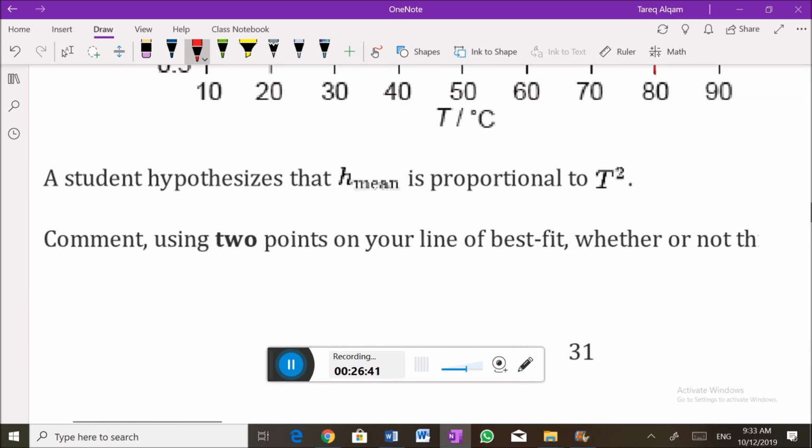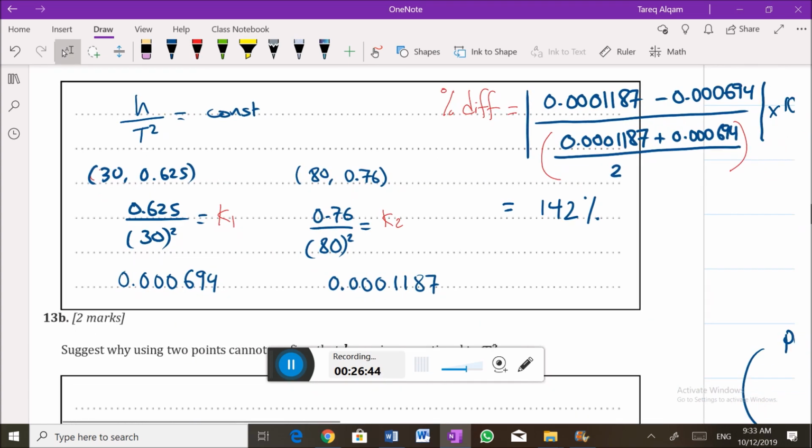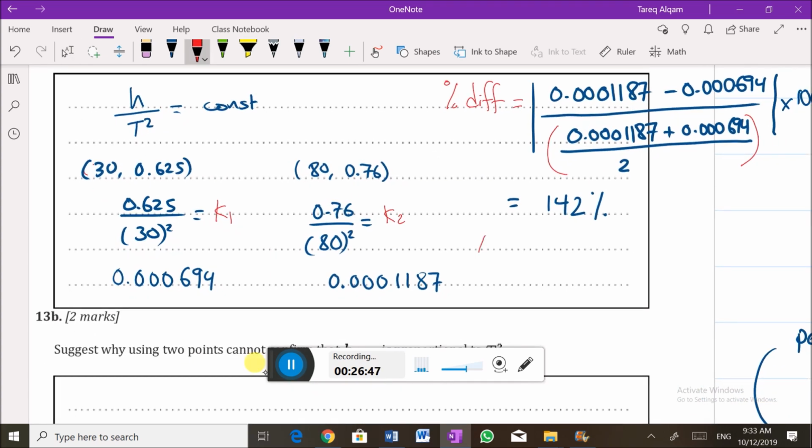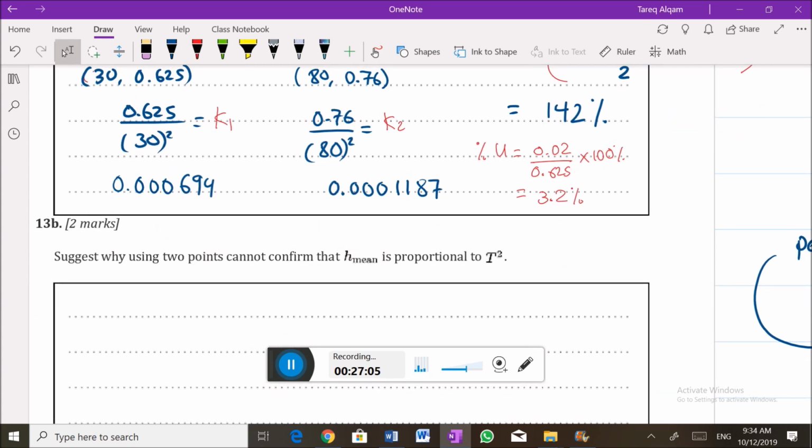For practice only, if I calculate the largest uncertainty or percentage uncertainty, 0.02 over 0.625 times 100%, definitely it will be less than the percentage difference. So what can I write as a conclusion? Because this has a mark. Percentage difference is greater than percentage uncertainty.